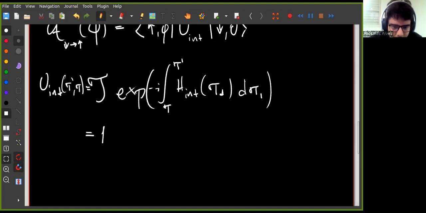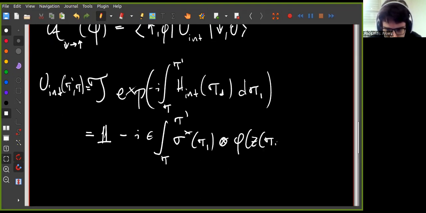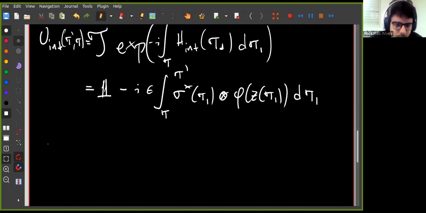And to first order in perturbation theory, we're going to have 1 minus i epsilon integral from tau to tau prime of sigma x of tau 1 times phi of z of tau 1 d tau 1.